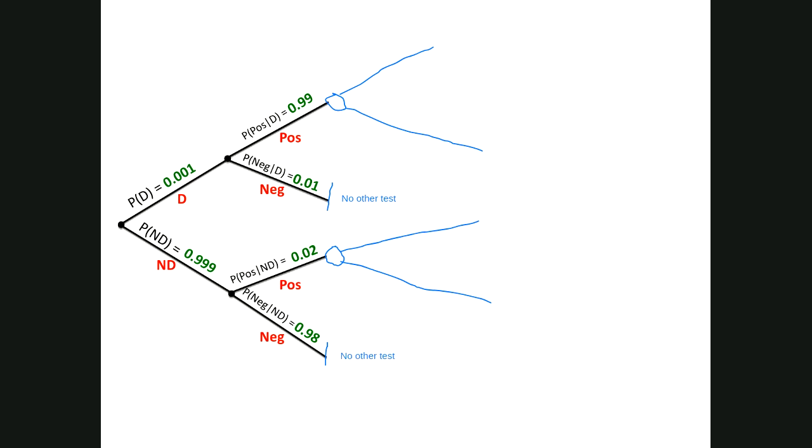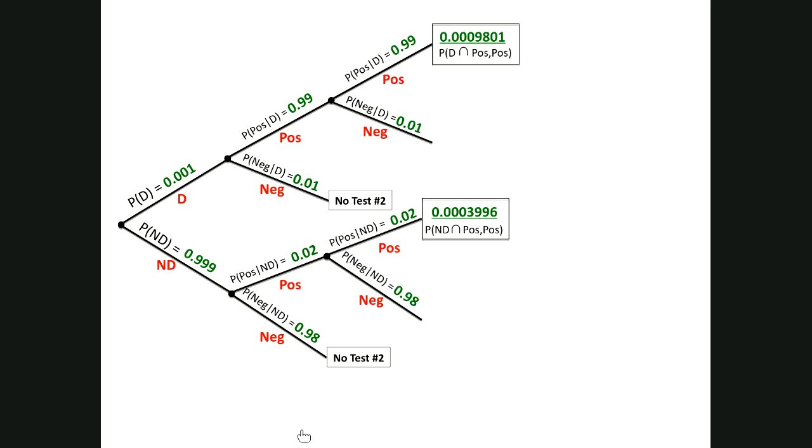And so now we know for this situation, these probabilities are going to be repeated. And this is the case where we have two positives. And then this branch represents a positive test and a negative. And this, of course, branch, there's a negative test, so there's no test.